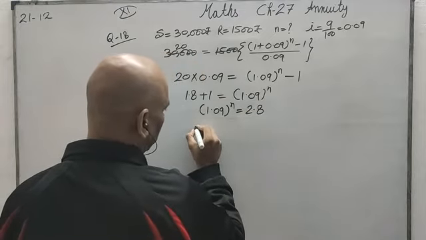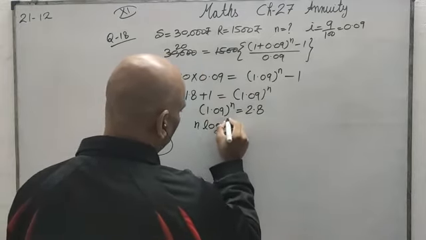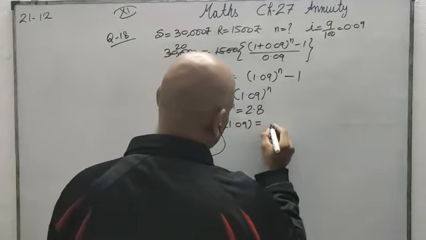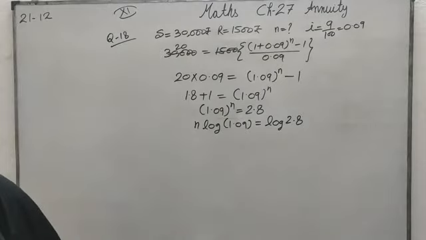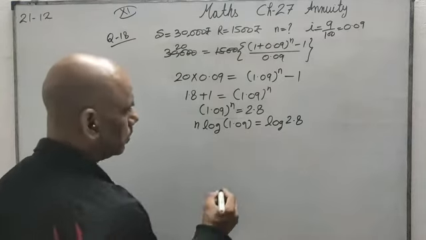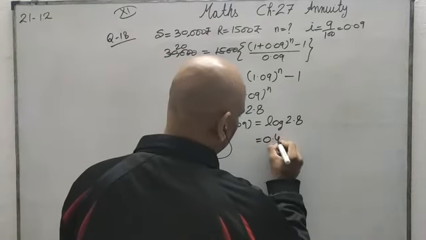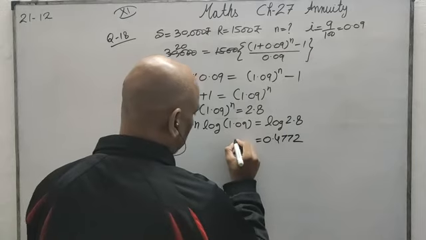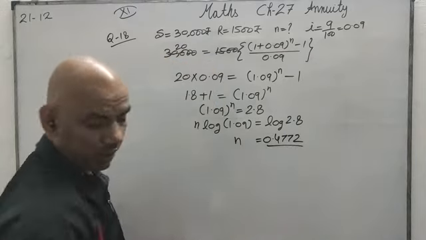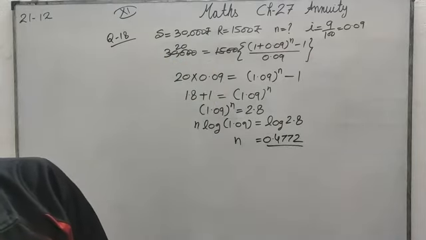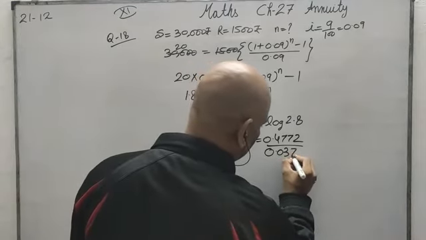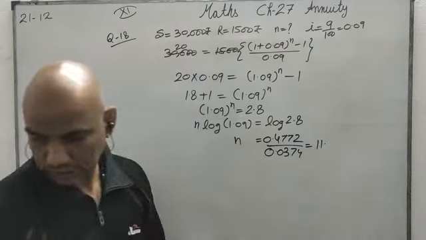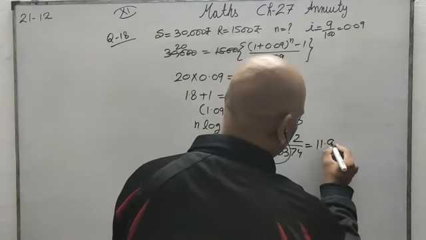Taking log both sides, so n log 1.09 is equal to log 2.8. What are the values? The values are 0.4772, and n will be, that value will be divided by 0.0374, and the answer is 11.957.